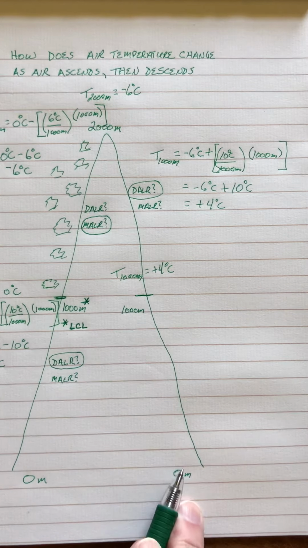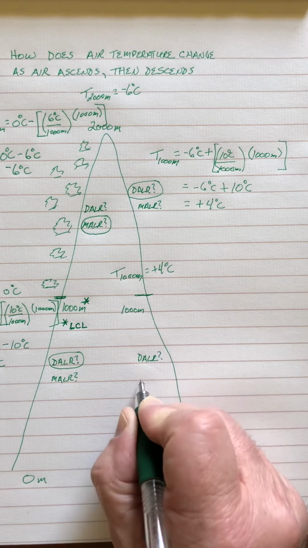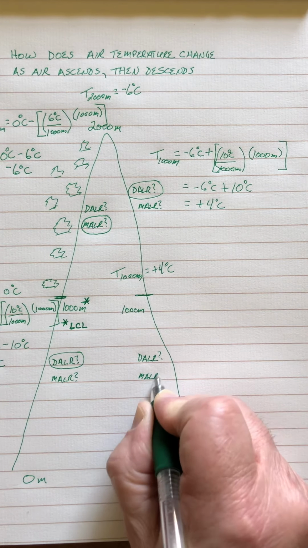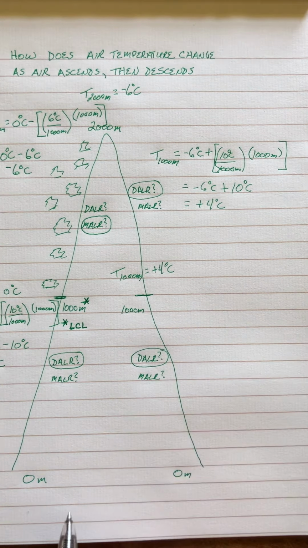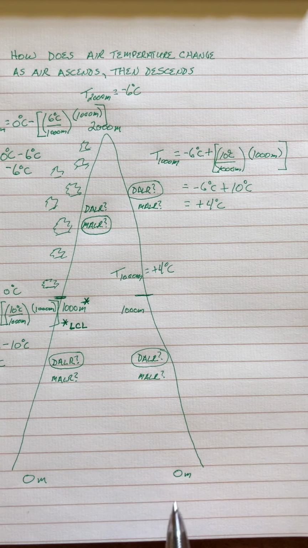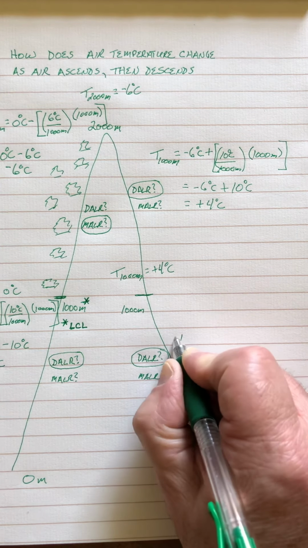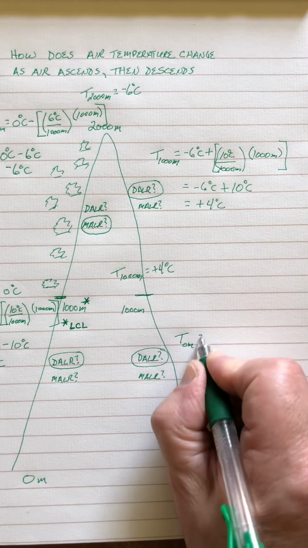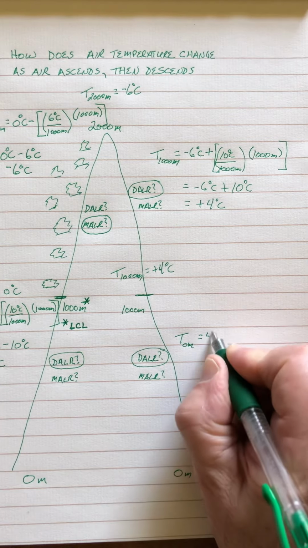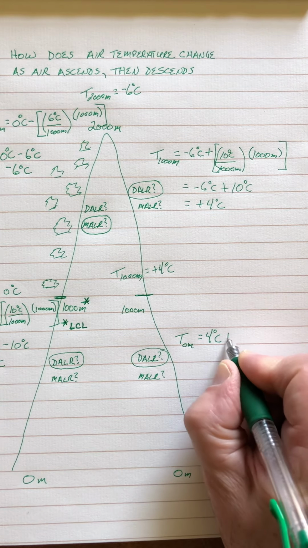Now we've got to take it from 1,000 meters down to the surface. And so, again, we have to ask ourselves, is this air going to warm at the dry adiabatic lapse rate or the moist adiabatic lapse rate? Again, no decision to make. Descending air is going to warm, and descending air always warms at the dry adiabatic lapse rate. So let's see what the temperature of the air is going to be at the surface. So the temperature of the air at the base of the mountain on the leeward side will be the starting point, 4 degrees Celsius. It's descending, so it's warming, so we're going to add.